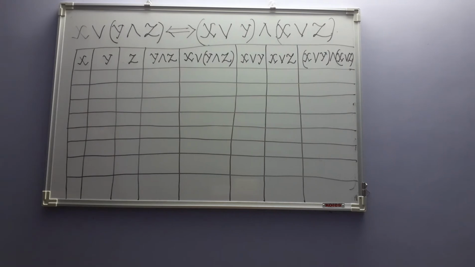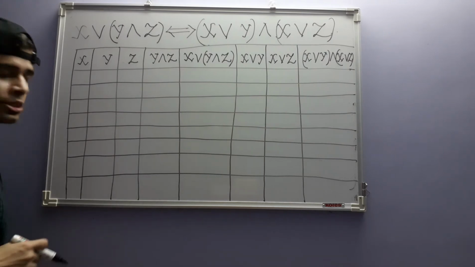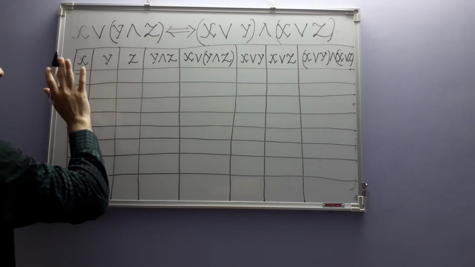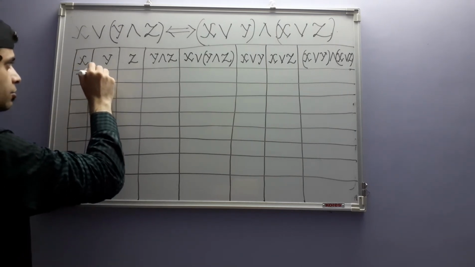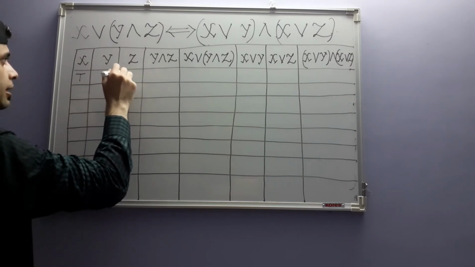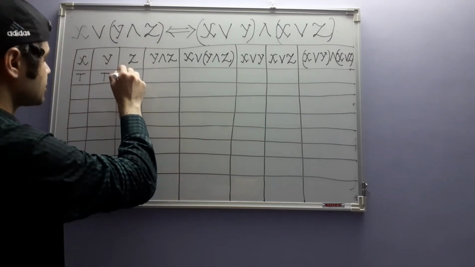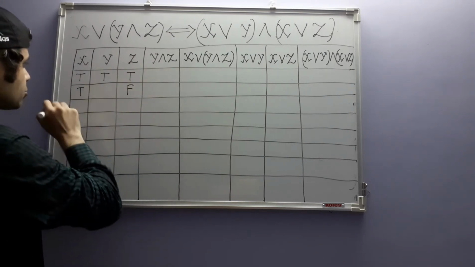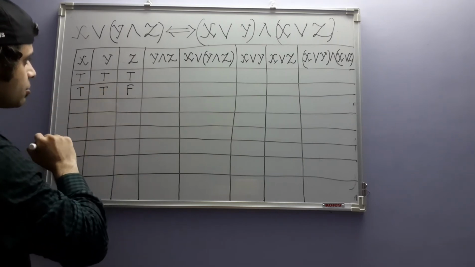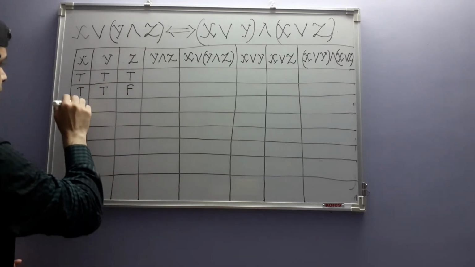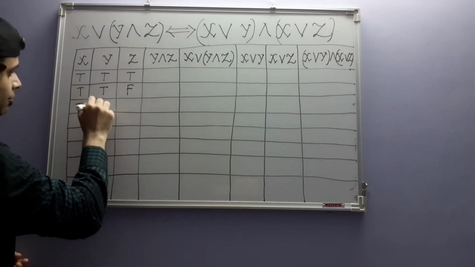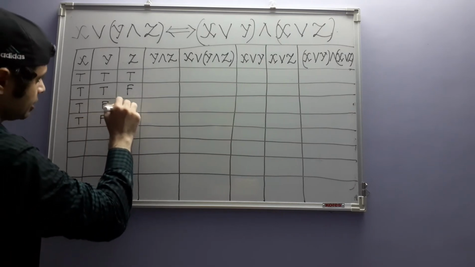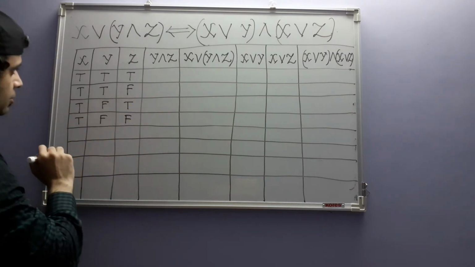Okay, so let us first of all write the possibilities. X can be true. Under that condition, Y can be true, and under that condition, Z can be true or false. So if X is true and Y is true, then Z can be true or false. If X is true and Y is false, under that condition, Z can be true or false.